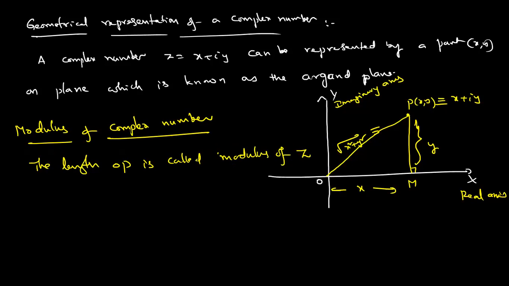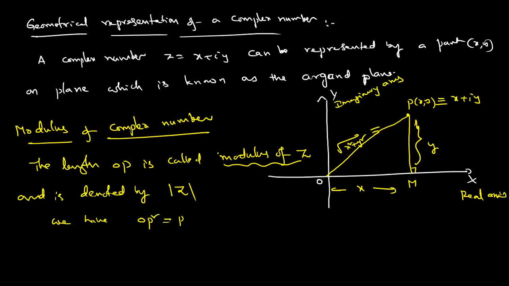Modulus of Z. This is very important, dear students, and it is denoted by mod Z. See, how do we get it? What is the formula? OP square is equal to PM square plus OM square. To derive this, OP comes as root over x square plus y square.